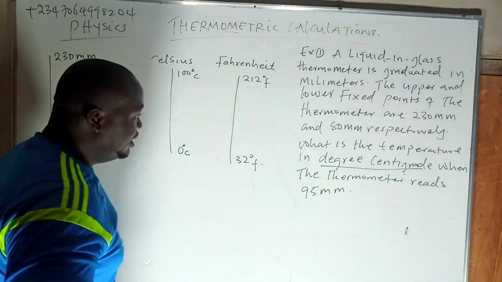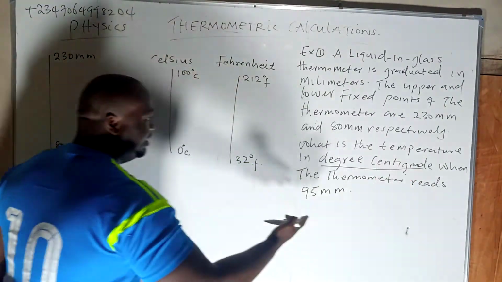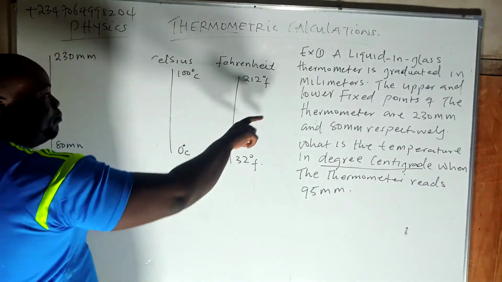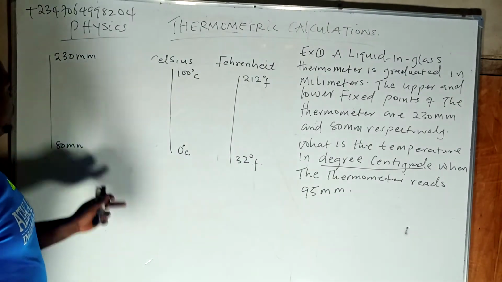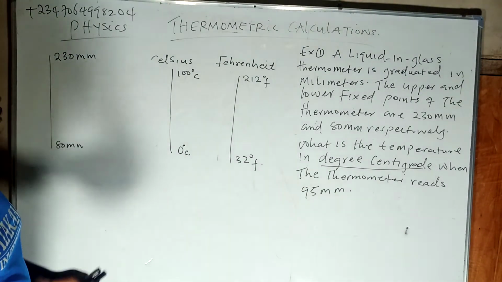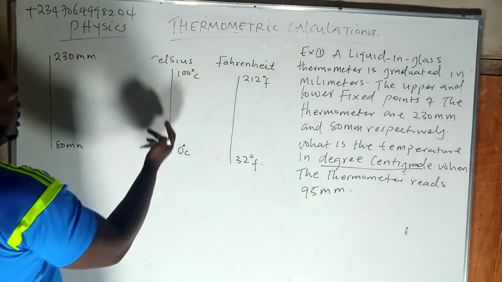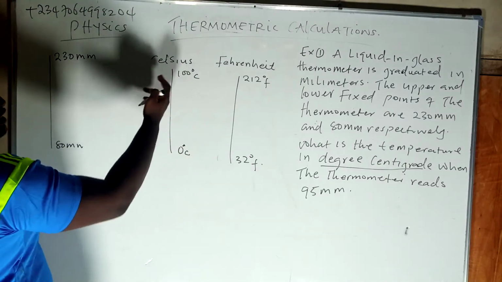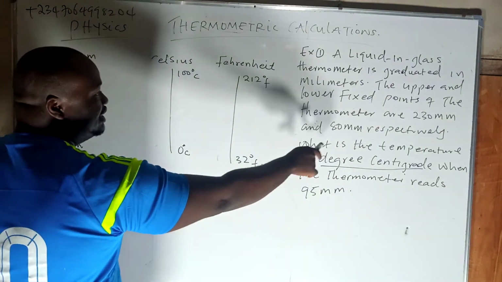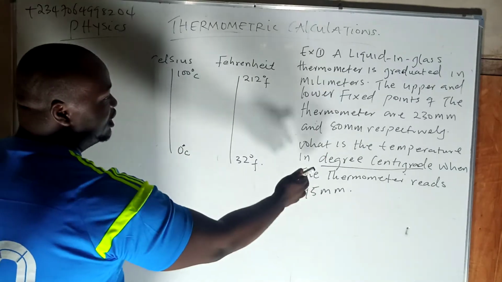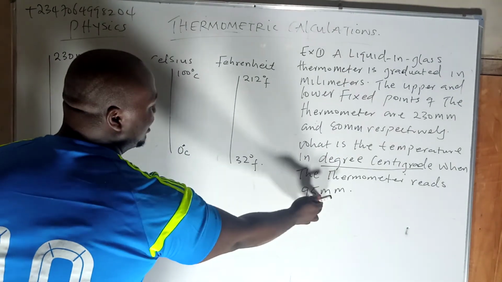Pay attention. The degree centigrade is telling you that you should compare the one given to you in the question with this scale. In degree centigrade, the lowest fixed point is 0 and the highest is 100. What is the temperature in degrees centigrade when the thermometer reads 95 millimeter?